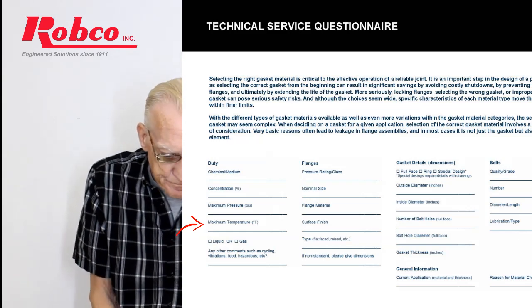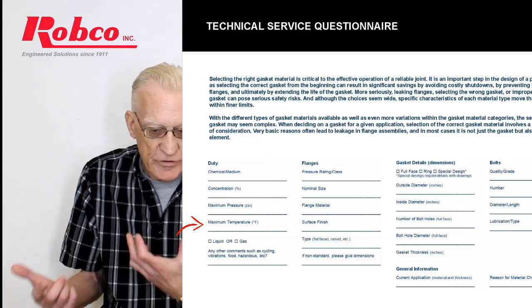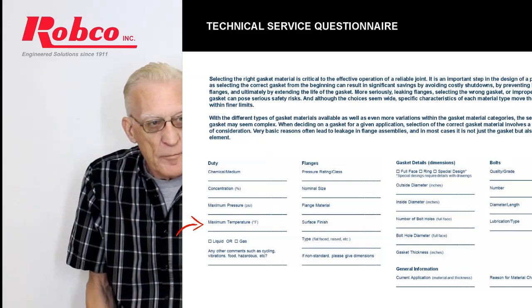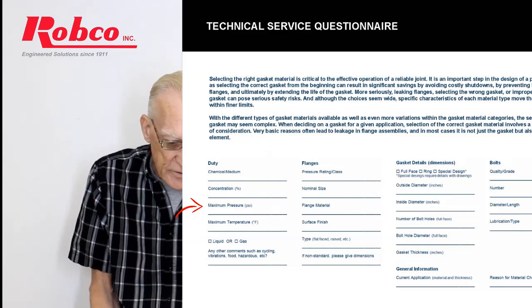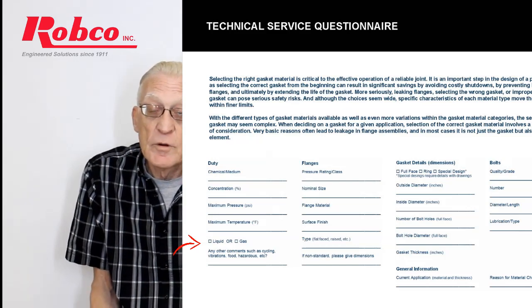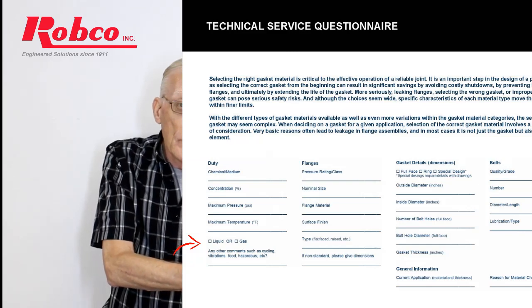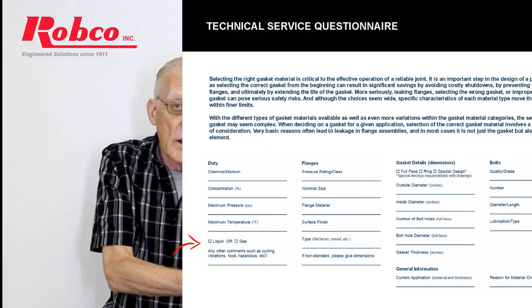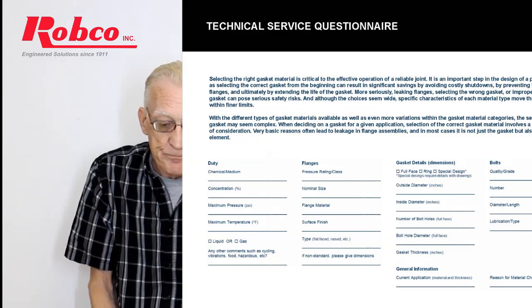The maximum temperature, again, you want to use safety factors involved in that. Pressure, as I said, is internal pressure. Is it a ring type or a full face gasket? Is it liquid or gas? Extremely important. Again, we'll go back to sealability. Is it a gas? Is it going to leak through the gasket and across the face of the flange much easier? We need to know that.